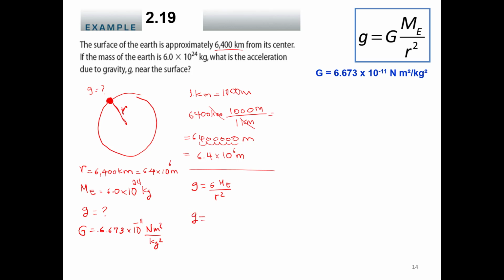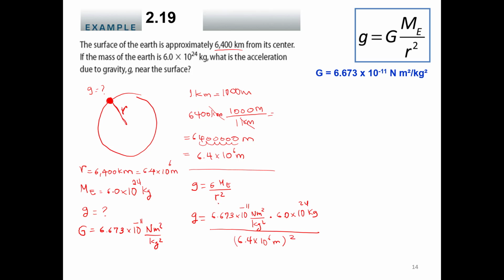The constant G is 6.673 times 10 to the power minus 11. The mass of the Earth is 6.0 times 10 to the power 24 kilograms, divided by the radius, which is 6.4 times 10 to the power 6 meters, and we need to square this value.